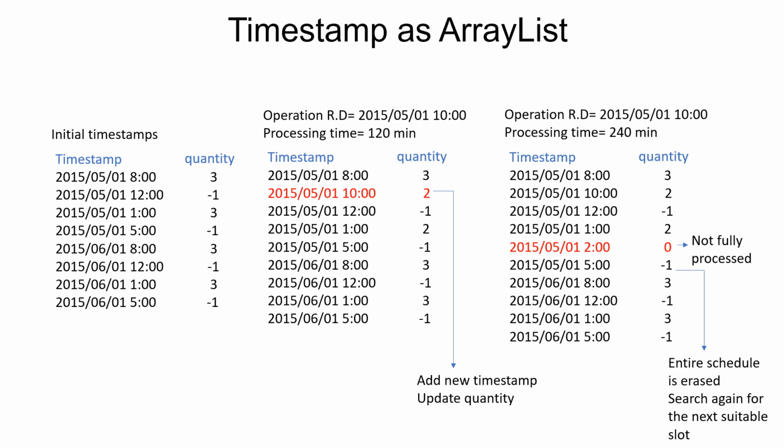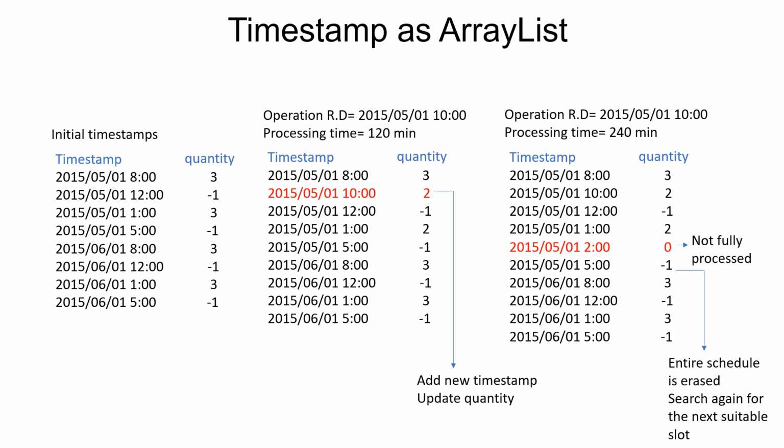This is the initial timestamp list that we have. As we can see, at 8 o'clock the available quantity is 3, at 12 o'clock the shift is starting, and so on. Suppose an operation with release date 1st of January at 10 o'clock comes in, and the processing time required is 120 minutes.